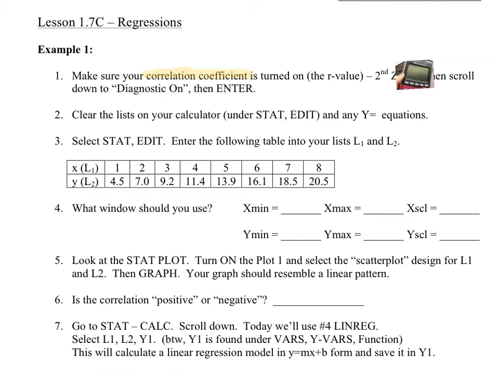Now at this point, I'm going to want you to use your calculator and put this data back in, the same data that we were using yesterday. So our X lists, which are coming across here as 1 through 8, put that into your L1, and your Y values should go into L2.